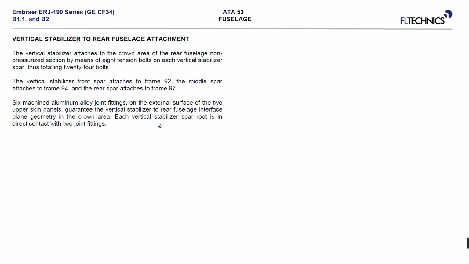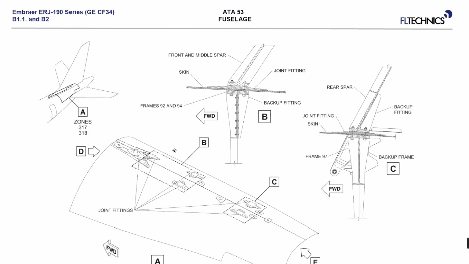Each of the vertical stabilizer spar root is in direct contact with 2 joint fittings here. And as I said, 8 bolts here, 8 bolts here, 8 bolts here. It will be much easier when we talk about the vertical stabilizer, then we're going to talk about these attachment points.